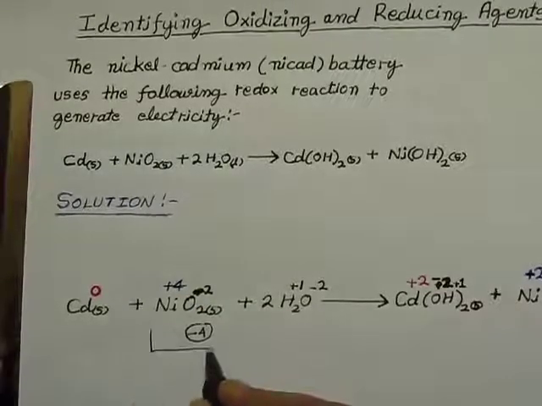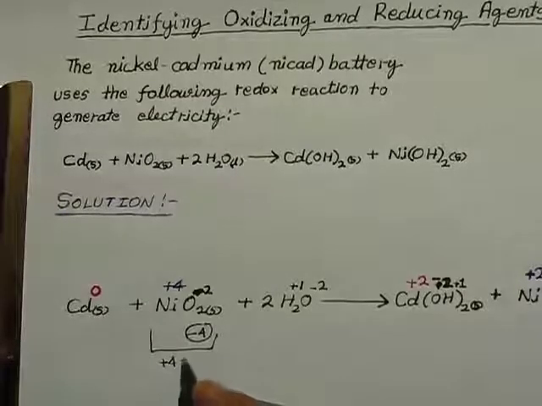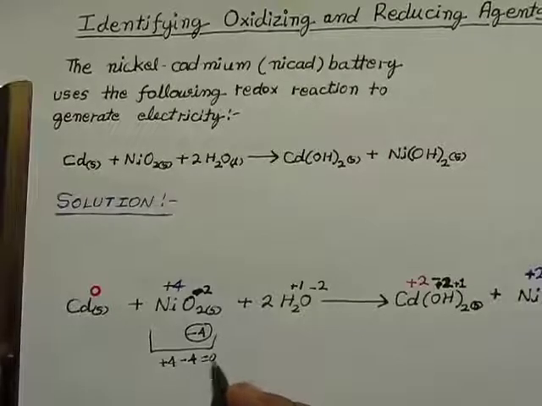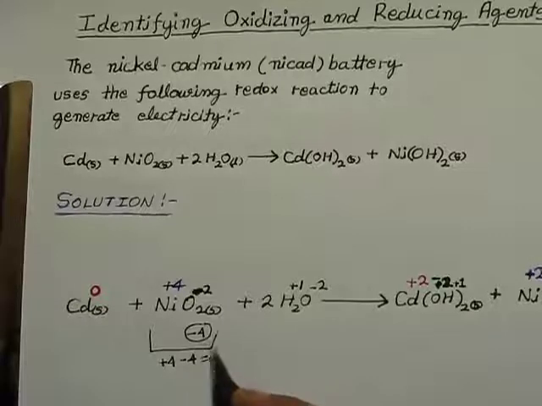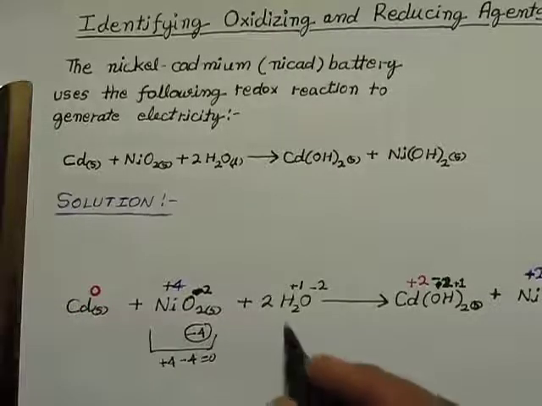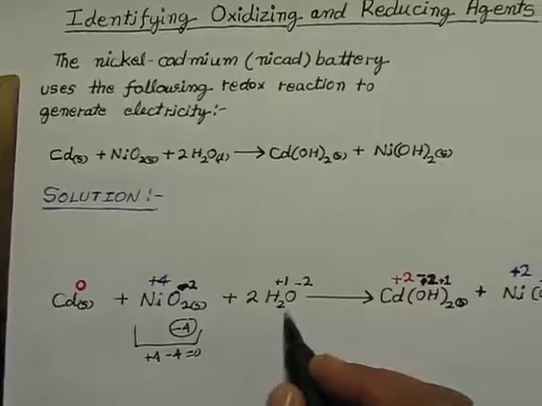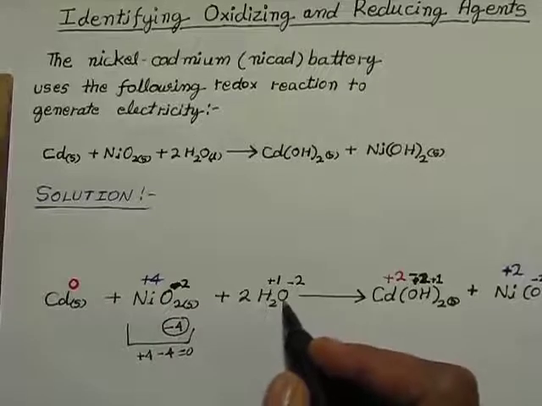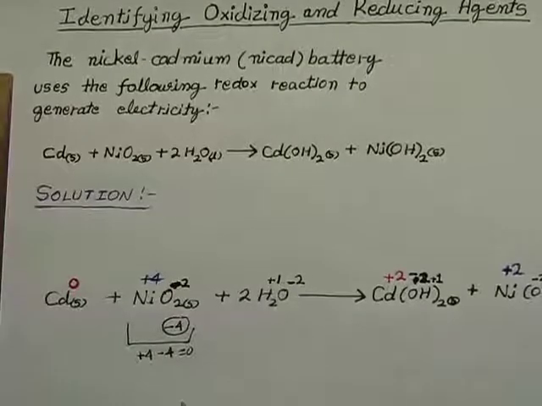If you add them together, the total sum will be 0. You know the total oxidation state for a neutral compound is 0, and similarly for the water molecule, oxygen has -2 and hydrogen has +1.